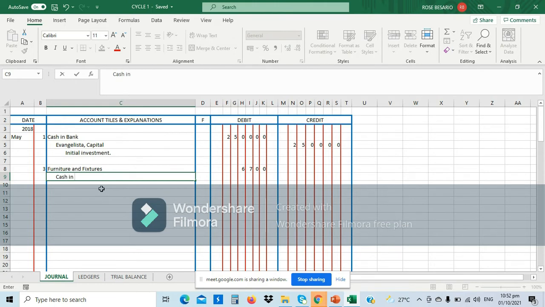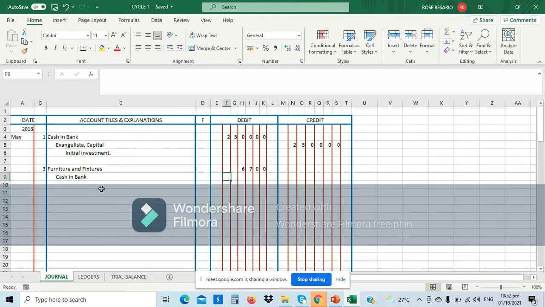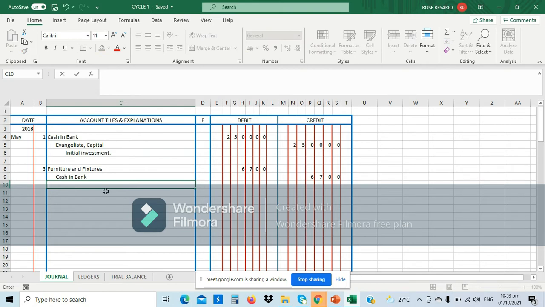Always remember you have to be consistent with the account title you are using. So if you're using cash in bank, the next transaction that would involve cash should also be cash in bank. So 6,700. Okay. Then after that, you'll have your explanation.